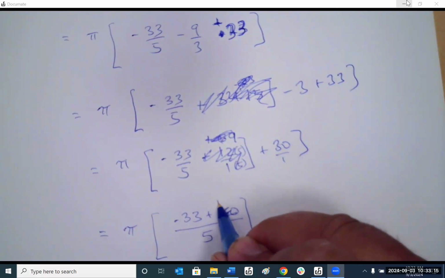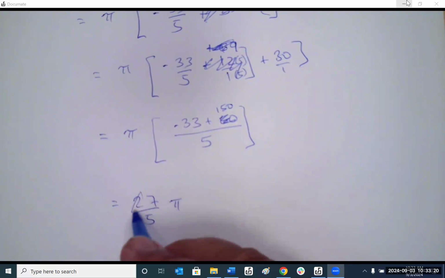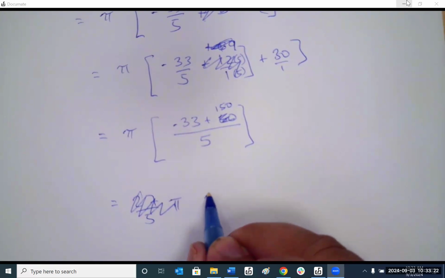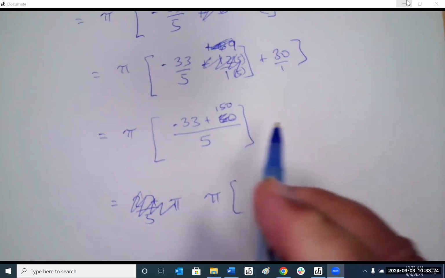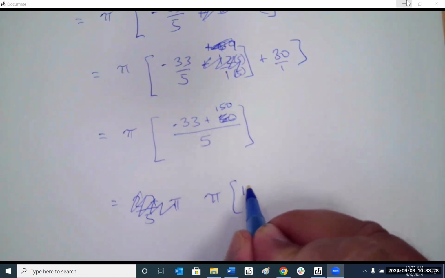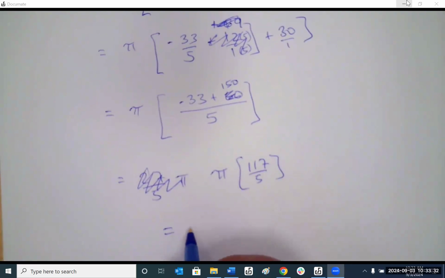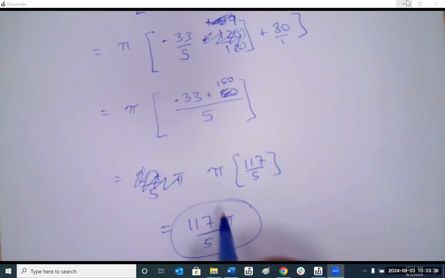So times 5 is 150. So it's 150 minus 33 is plus 117 over 5. So the answer is 117 pi over 5.